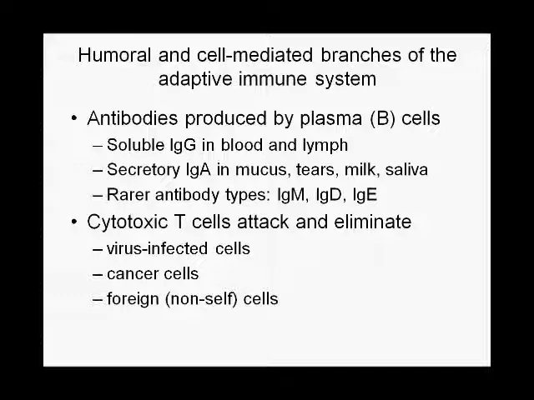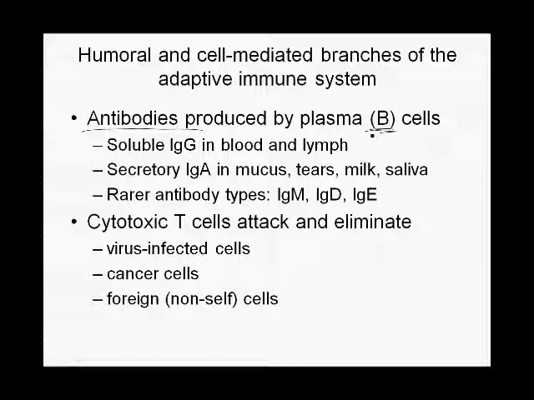What we call the humoral and cell-mediated branches: the humoral branch is actually the antibodies. And I would like you to remember that antibodies are produced by B cells. There are lots of what we might call naive B cells residing in the body, not doing much of anything.